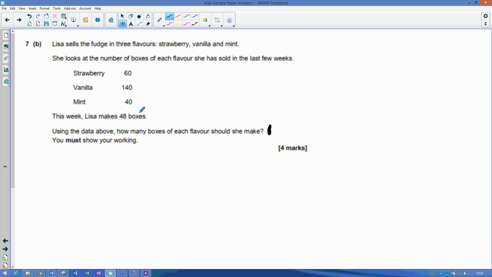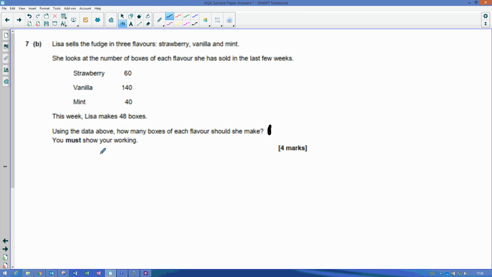So we need to split our 48 boxes up into strawberry, vanilla and mint, and we need to use this information to do it. So it's fairly obvious we want most of vanilla, some strawberry and even less mint. But we need to do it more exactly than guessing. So we're going to split 48 boxes in this ratio.